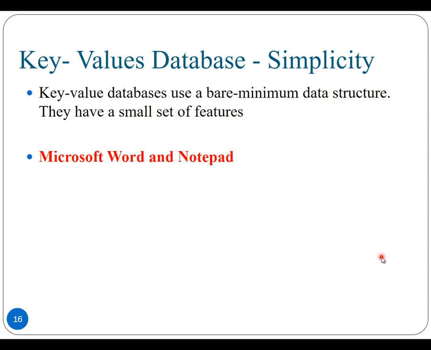We could give it the font size, but we don't have many of the features that we have in Microsoft Word. Okay, so sometimes we don't need those features. For example, the relational database has many features.